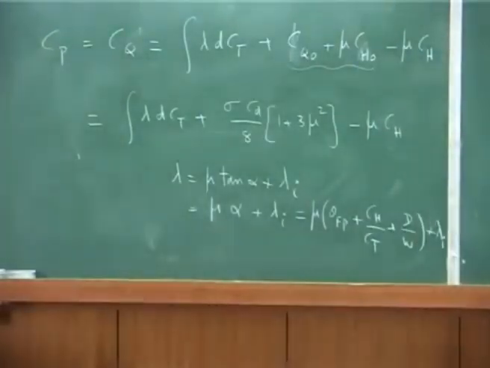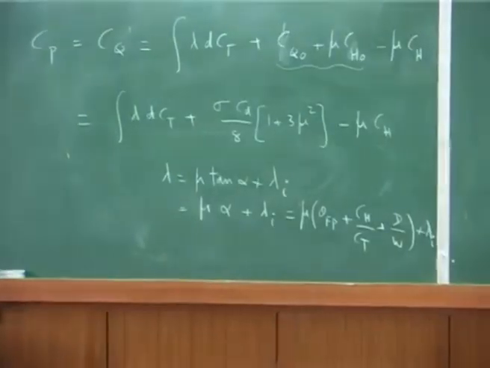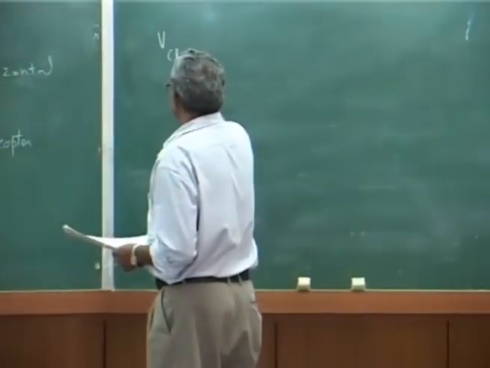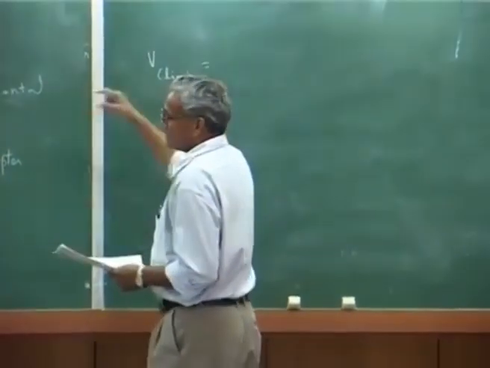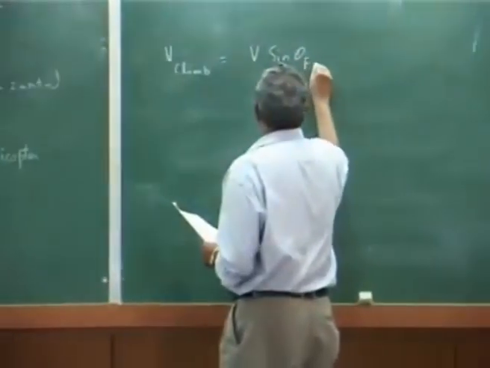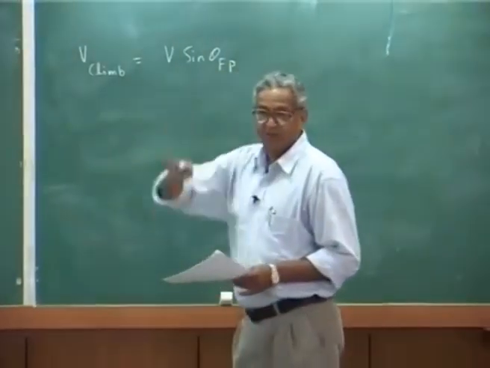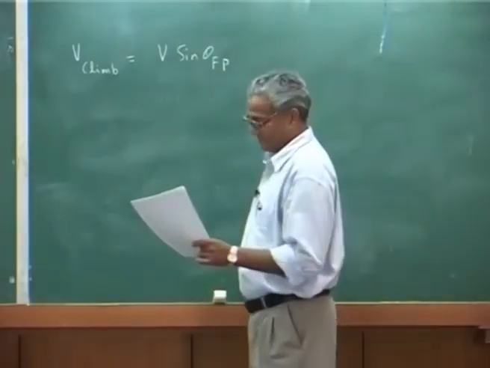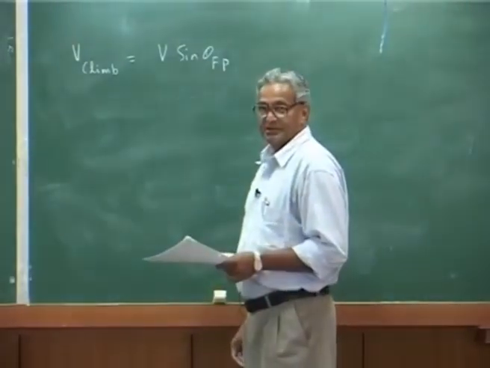All right. Now, I am defining my climb velocity. What is V climb? Velocity of climb, that is V sin theta f p, right, that is the climb velocity, which I call V c. Okay.